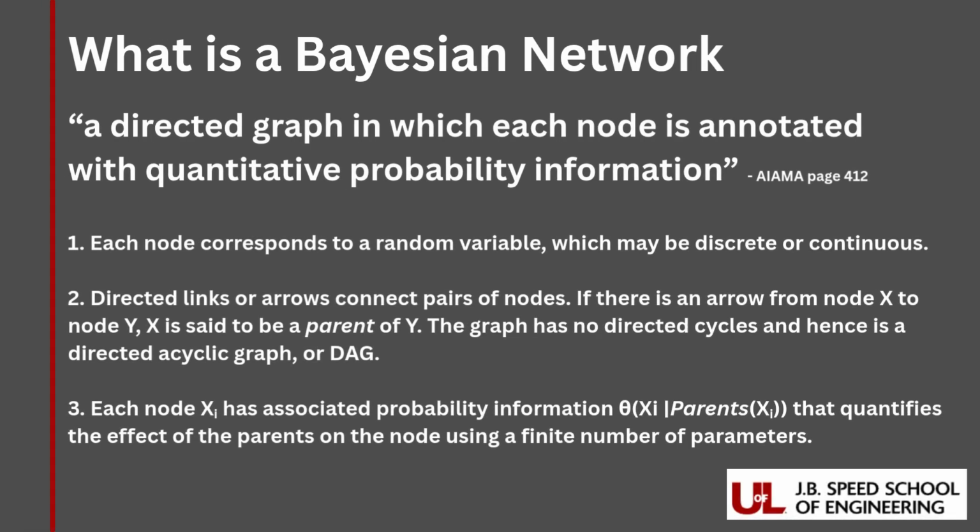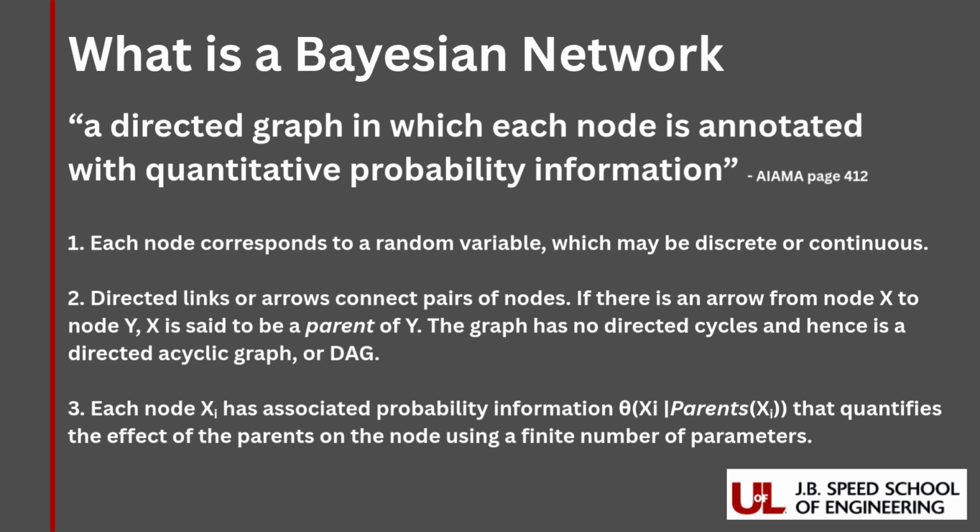The basic properties of a Bayesian network are that each node corresponds to a random variable, which can be discrete or continuous. We are going to look mostly at discrete variables in this presentation. And then the directed links or arrows are associated with the conditions.